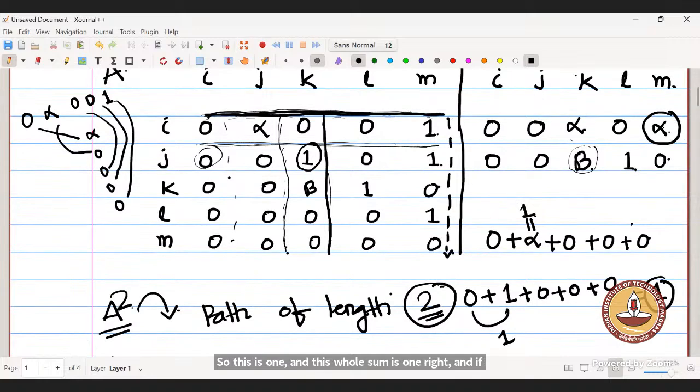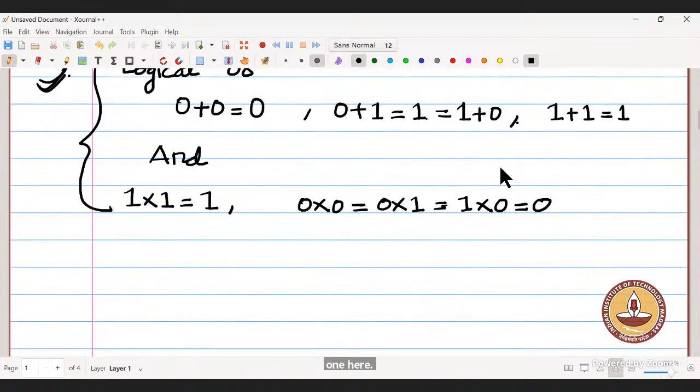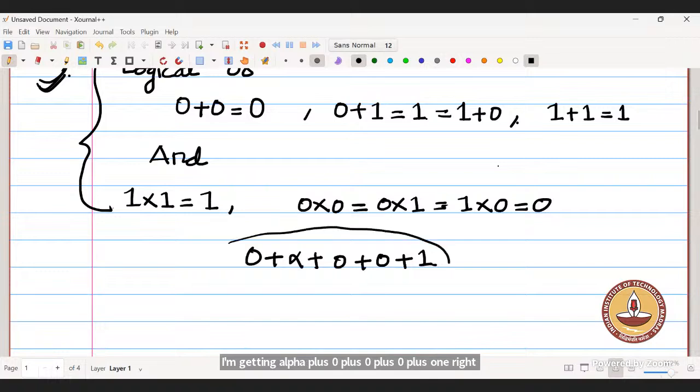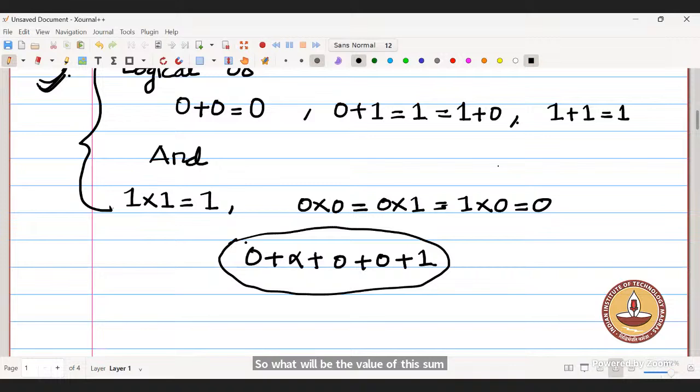So what I am saying is, instead of 0, if I have a 1 here, and I am making some sum, let's say I'm getting alpha plus 0 plus 0 plus 0 plus 1, right? What will be the value of this sum? This sum will be 1, right?